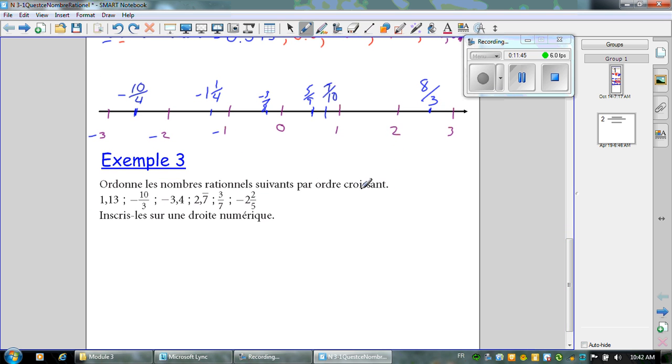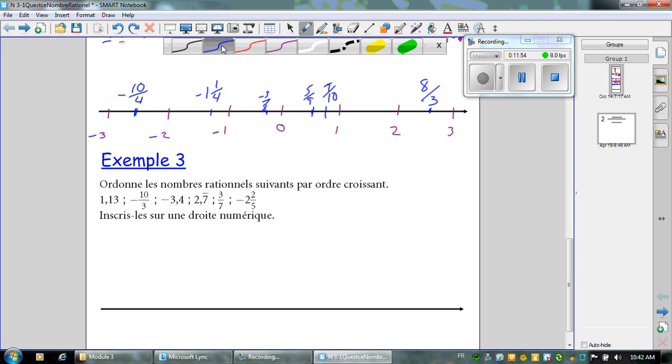So third example, order from least to greatest on a number line. Same idea. I'm going to make sure they're all in decimal form before I get going. A couple of them already are. I'm just going to change the ones that aren't. This one here, 10/3. 3 goes in 3 times, and I have 1/3 left, so 3 and 3 repeated.